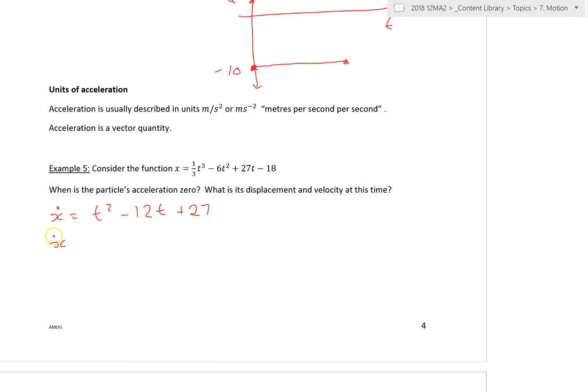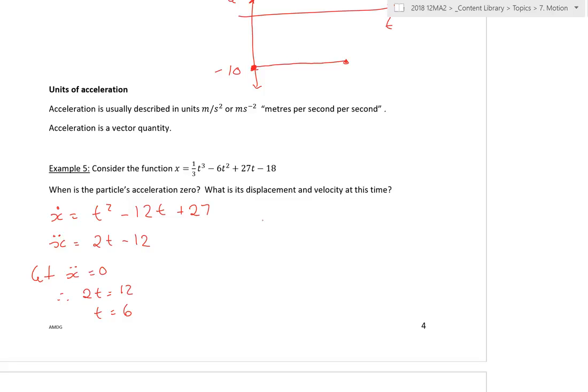And my acceleration is equal to 2t minus 12. Now I'm going to say let my acceleration equal 0, therefore 2t equals 12 and t equals 6. So that's when the acceleration is equal to 0.